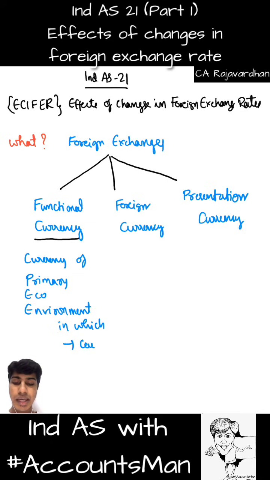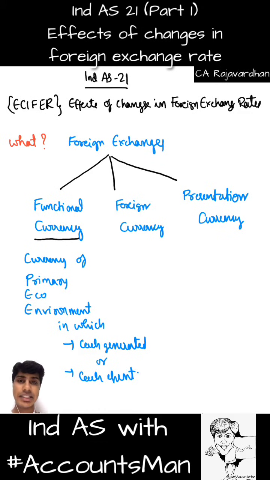One, cash is generated or cash is spent. This is the definition given under the standard for functional currency. So what exactly do we mean by functional currency? Functional currency is the currency of primary economic environment in which the cash is generated or the cash is spent. We'll come back to it a little later as to how to determine functional currency.